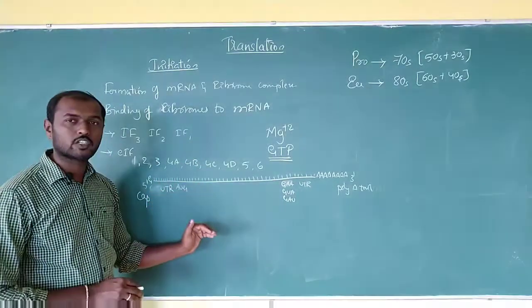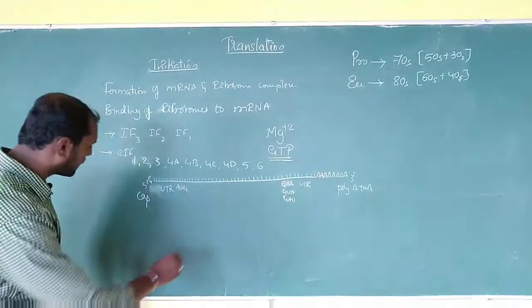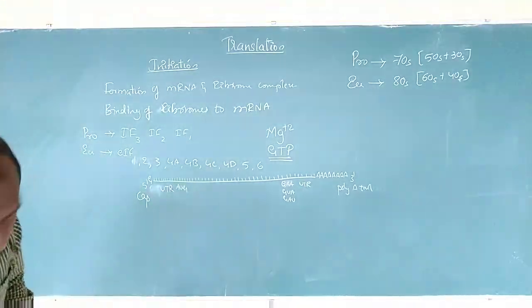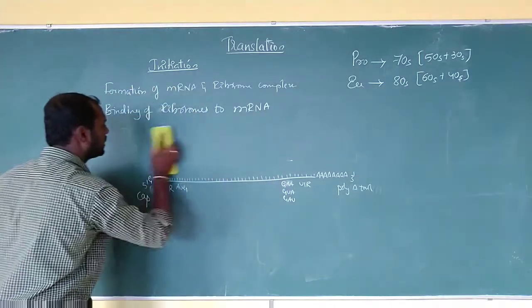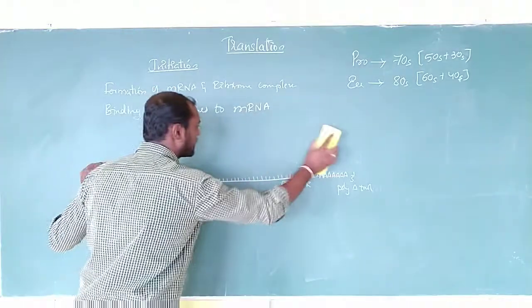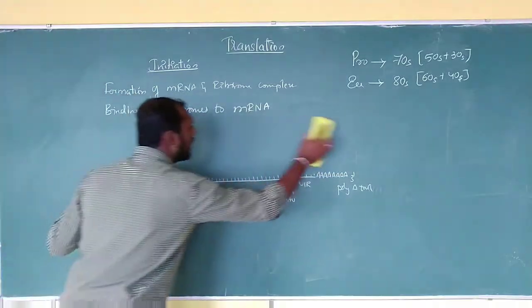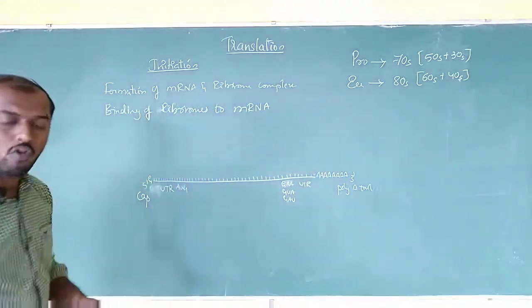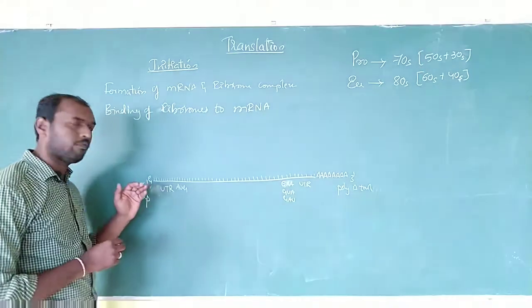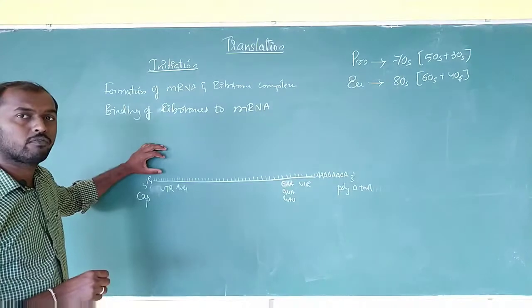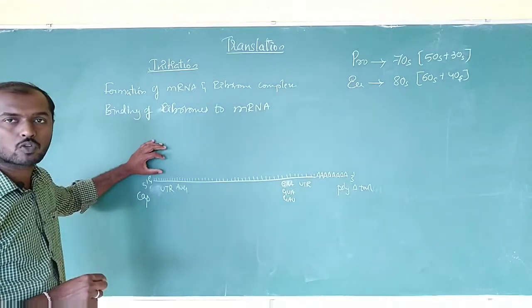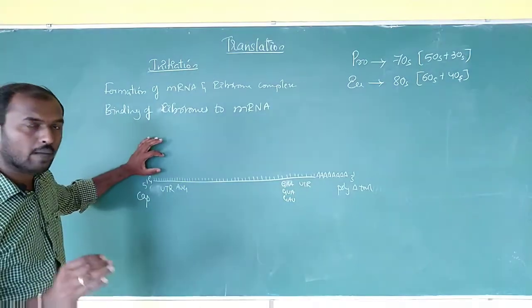Now, how does initiation take place? Let's study. Here, the initiation takes place by binding of the smaller subunit of the ribosome to the mRNA. That is the first and most important process of initiation. So what happens?